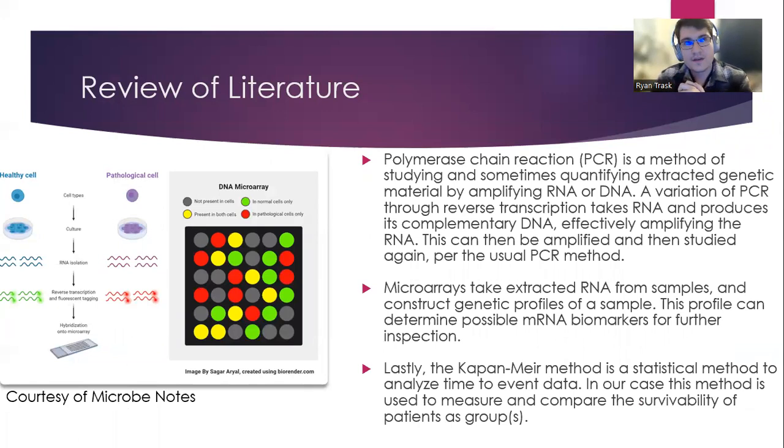First, I mentioned mRNA biomarkers, but there are a lot of DNA and mRNAs out there that aren't affected by non-small lung cancer. So how do we tell if something's an mRNA biomarker or just unrelated mRNA? We take the samples and put them through microarrays, which you can see on the left.